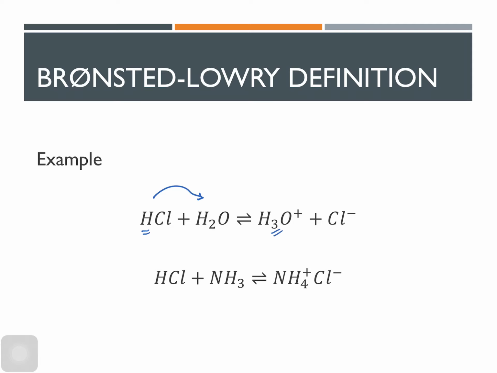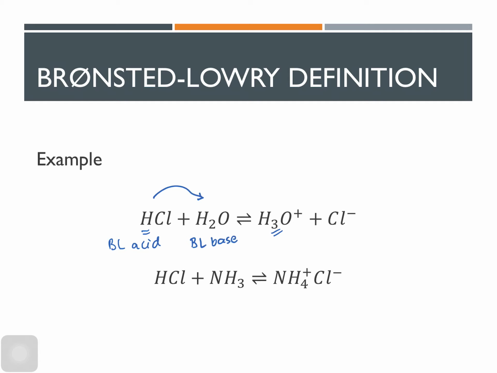Since HCl donated a proton to water, that means HCl is a Brønsted-Lowry acid. Since this water molecule accepted the hydrogen from the acid, that means this is a Brønsted-Lowry base.